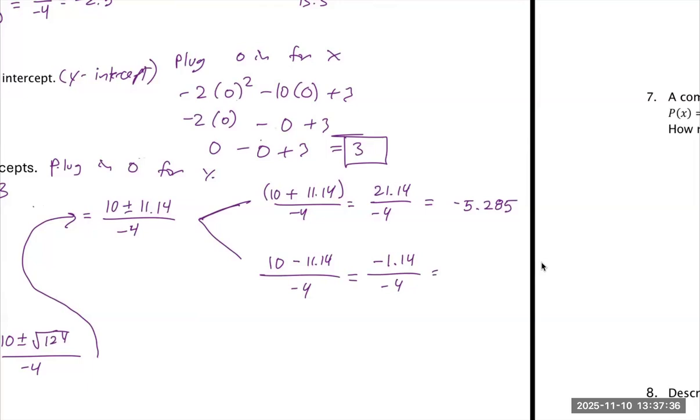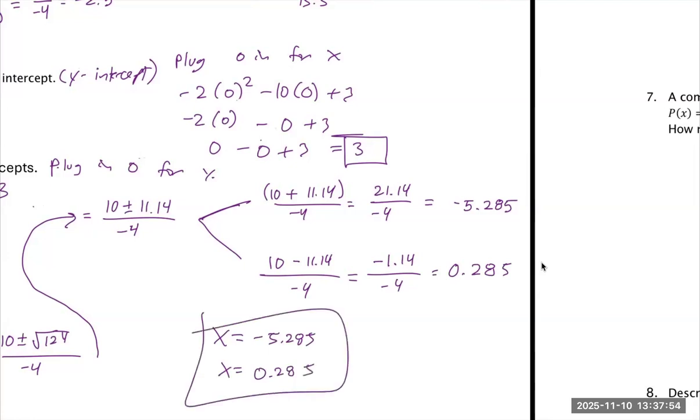And I get positive 0.285. So those are my 2 solutions, my x-intercepts, -5.285 and 0.285. There we go.